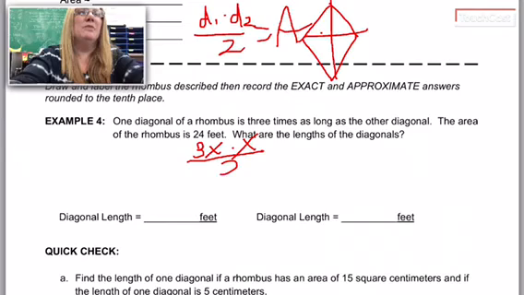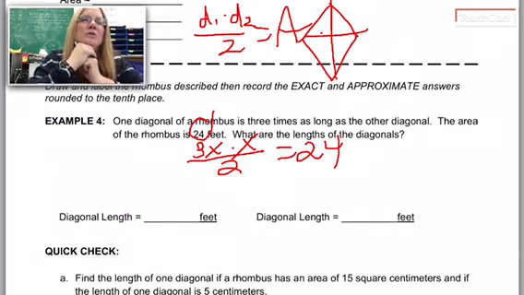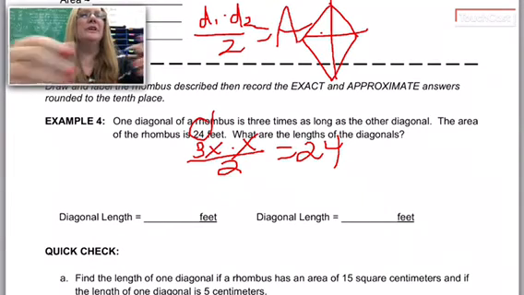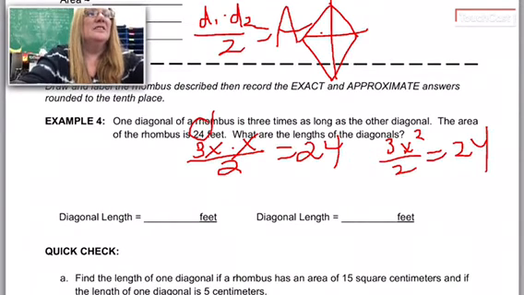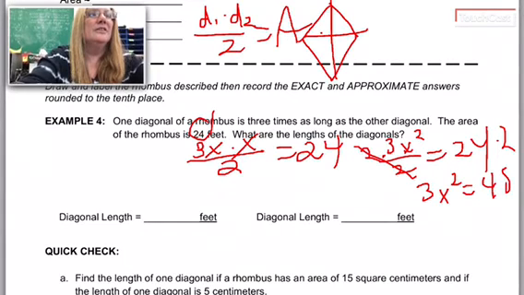And I know when I divide by 2, they tell me the area is 24. So I can go ahead and multiply in the numerator and get 3x squared divided by 2 equals 24. Now let's get rid of this division by 2 by multiplying both sides. And I get 3x squared equals 48.